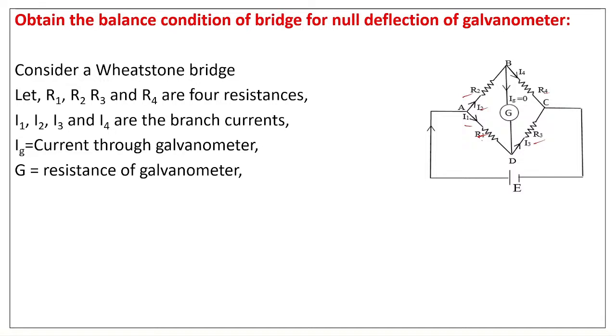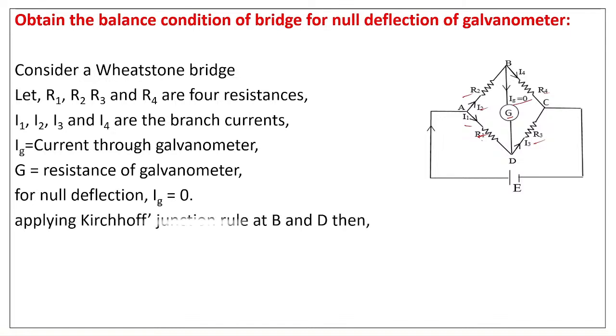IG is the current through the galvanometer. G is the resistance of the galvanometer. For null deflection, IG is equal to 0. Now applying Kirchhoff's junction rule at B and D, I2 is equal to I4 and I1 is equal to I3.